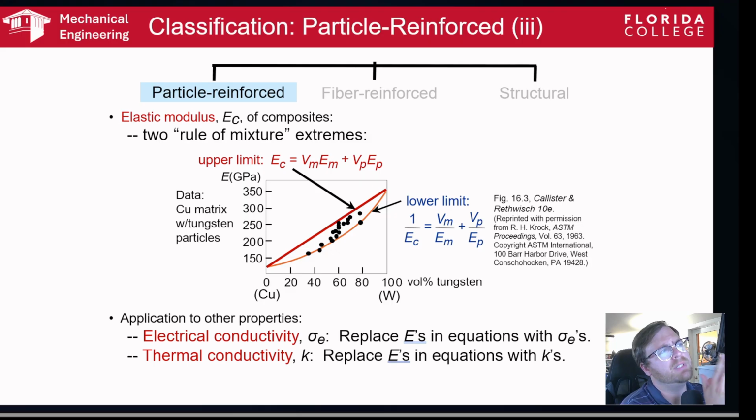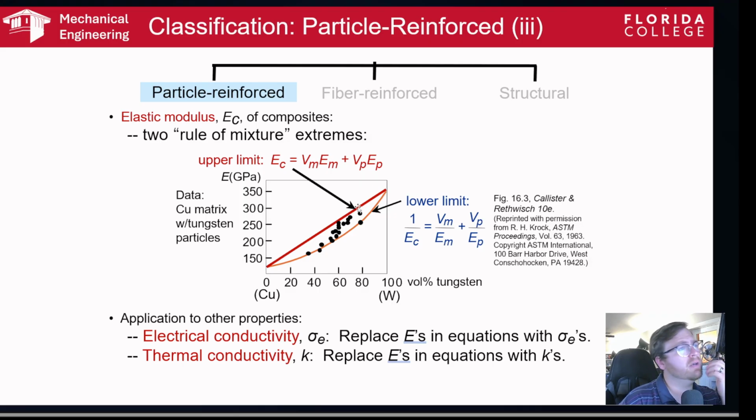Okay, so when we're taking a look at material properties for our particle reinforced composites, we can use what's called the rule of mixture, okay? What that means is, if we have a Young's modulus from copper to tungsten, we can draw the graph of how, based on the percentage or composition of the material, Young's modulus changes.